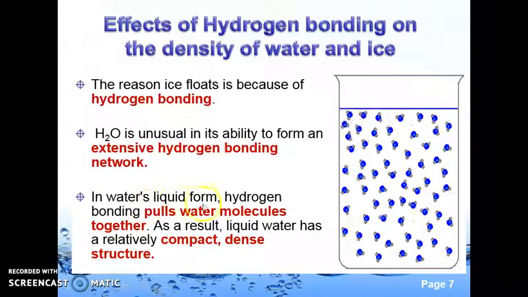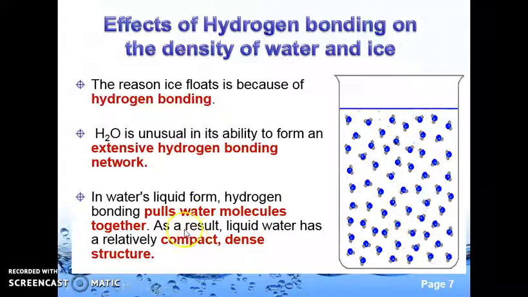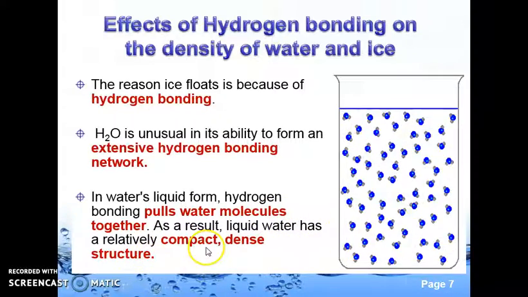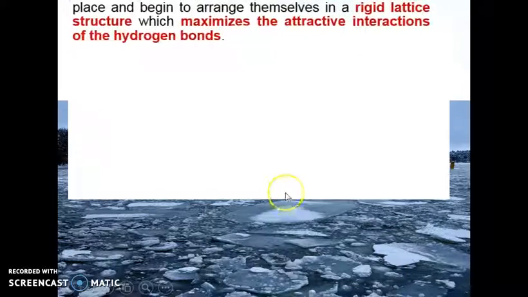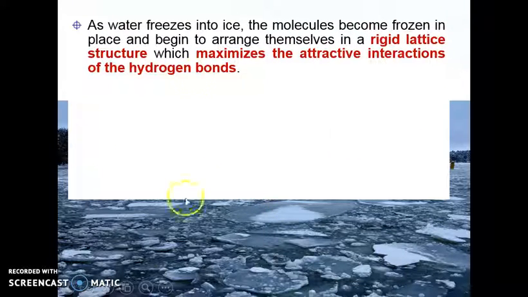So in liquid form, hydrogen bonding pulls water molecules together. As a result, liquid water has a relatively compact, dense structure. When we freeze the water into ice, the molecules become frozen in place and begin to arrange themselves in a rigid lattice structure which maximizes the attractive interaction of the hydrogen bonds.